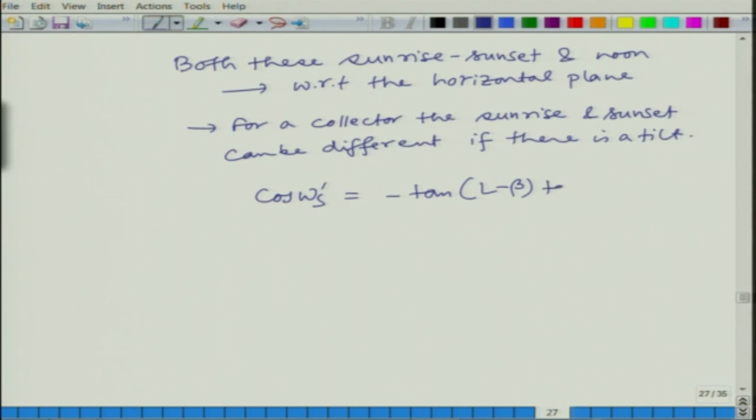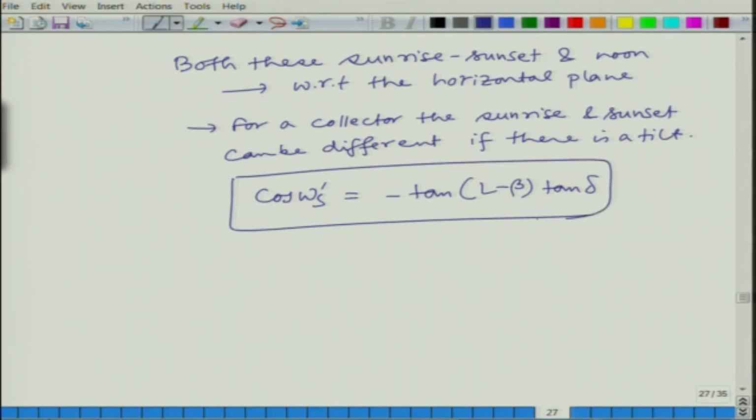Okay. So, this is a very simple relationship we just obtained from a simple observation by correcting the latitude.